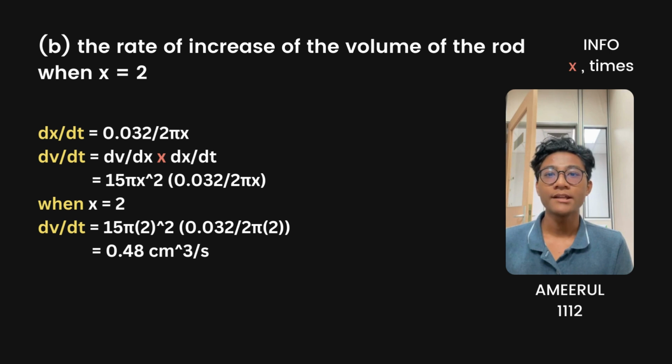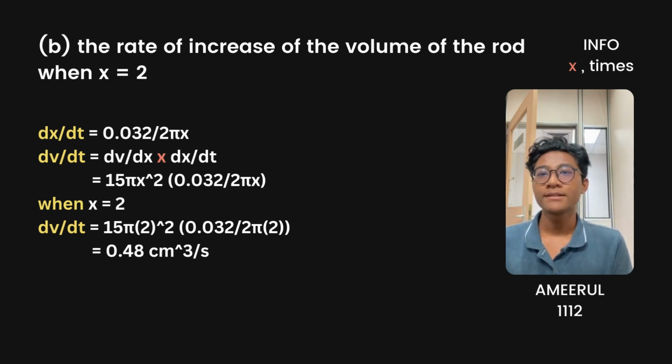So, dx/dt equals 0.032 per 2 pi x. dV/dt equals dV/dx times dx/dt. So the answer is 15 pi x power of 2 times 0.032 per 2 pi x.